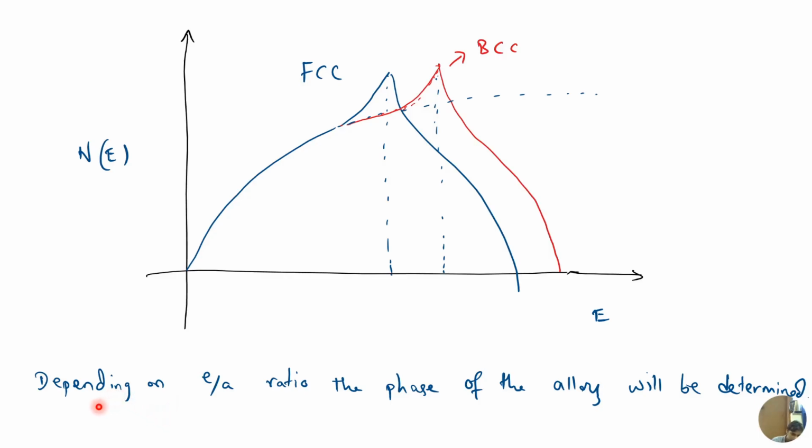Depending on where this filling is, wherever the energy is less, the phase of the alloy will be determined, even if individually both of them are in FCC lattice.